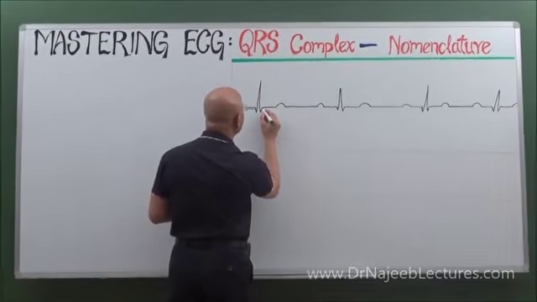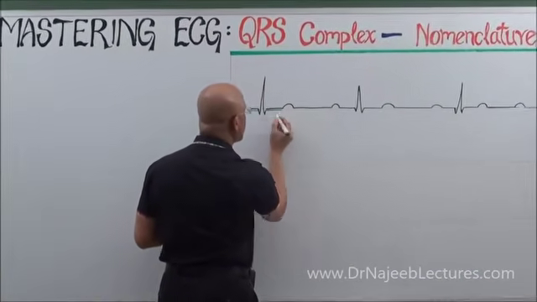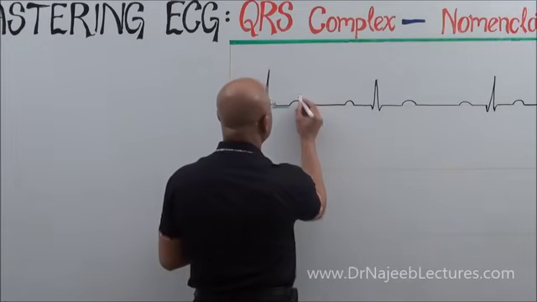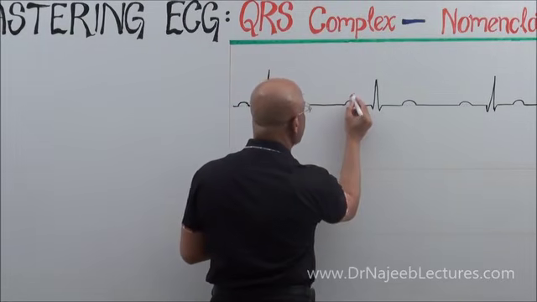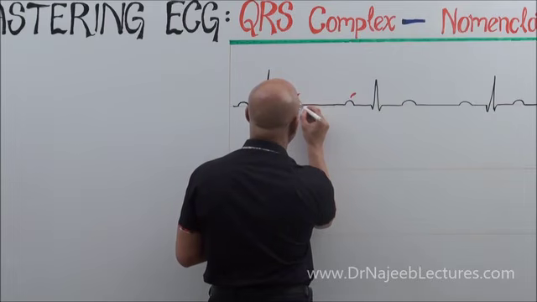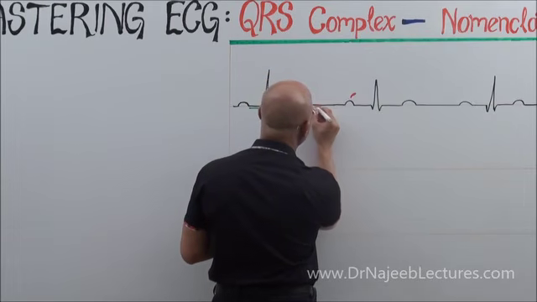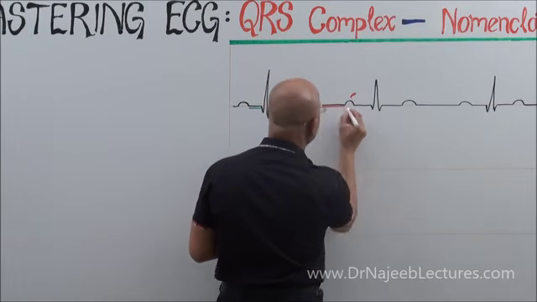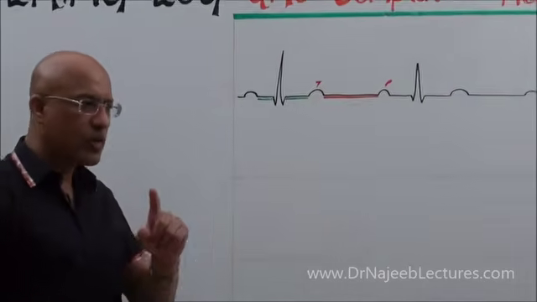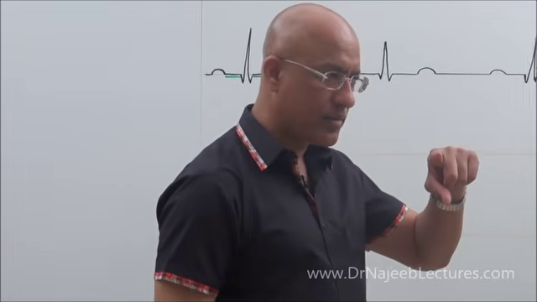Some say it is the ST segment. But really, the isoelectric line is this one. This is the T wave and this is the next P wave. The isoelectric line is the line between the T wave and the onset of the next P wave.